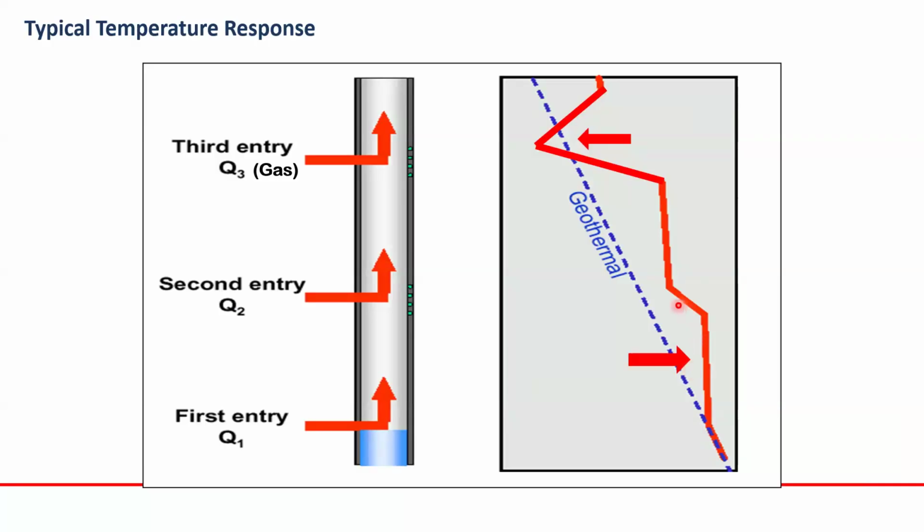Based on that, there is any reduction or profile, but for gas you will have a cooling. So this is exactly the temperature log. If a fluid comes from the hole, it increases the temperature. If there is gas, it decreases the temperature. So as you see here, this is the first entry, and then a secondary entry increases it more, and then suddenly the gas entry decreases the temperature profile.